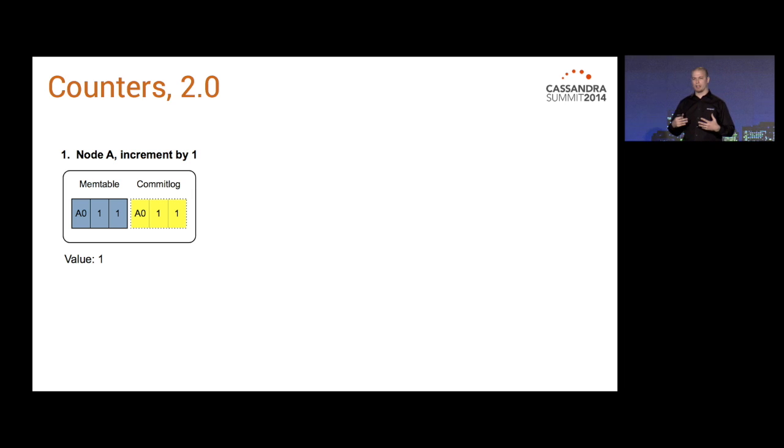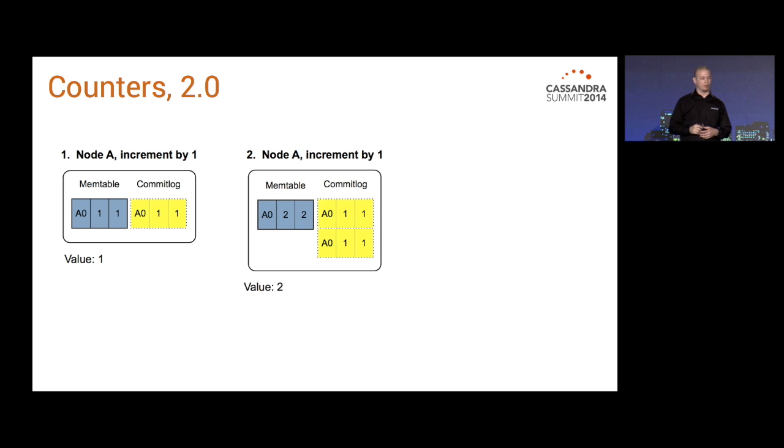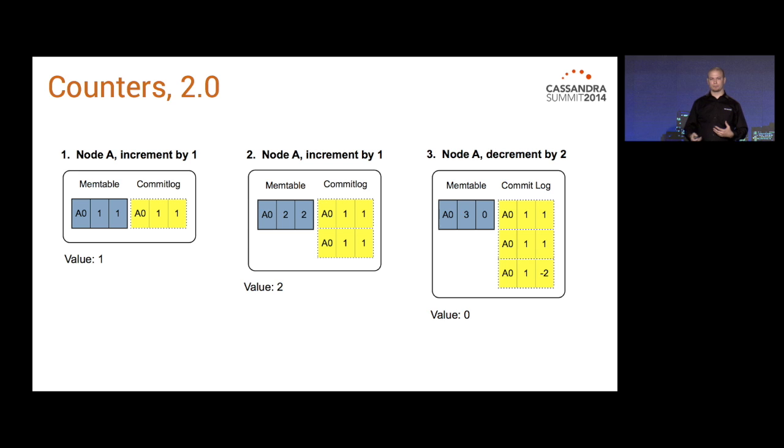So just to visualize that a little bit, here's a fresh counter. I've done its first increment. So my total value of the counter is 1, and the increment that I wrote to the commit log is also 1. So far, so good. The next increment I have, I also add to the commit log as the increment value. So now I have 2 entries of 1 in the commit log, but the total counter value is 2.